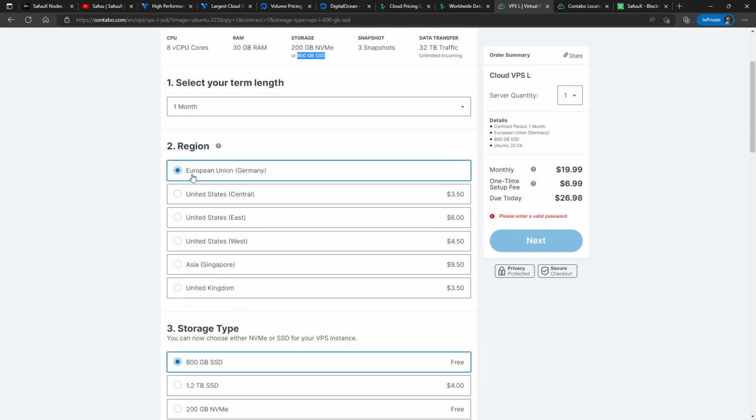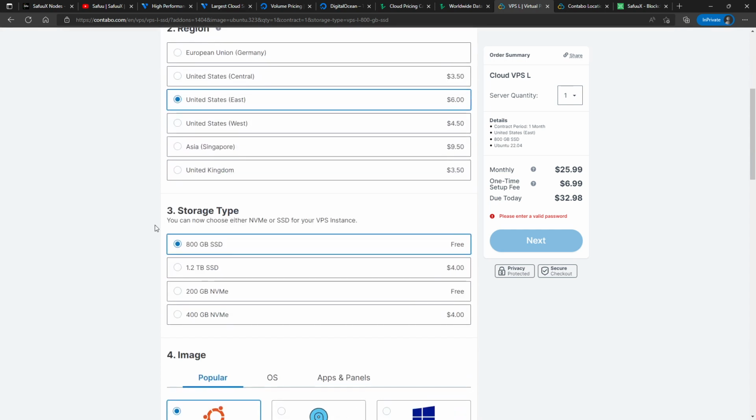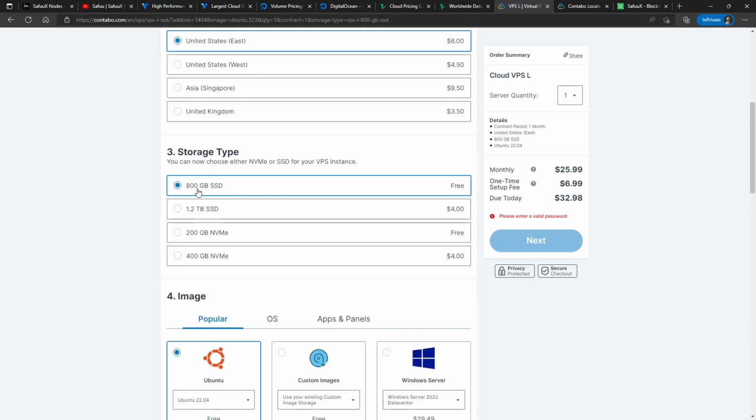If you look at the regions, I believe this company is out of Germany, so they don't charge for that region. I'm going to select the East US because that's what I've been basing most of my videos on in my location, and it adds an extra $6 to it. My storage type here is well above the 500 gig SSD required, but it is free.